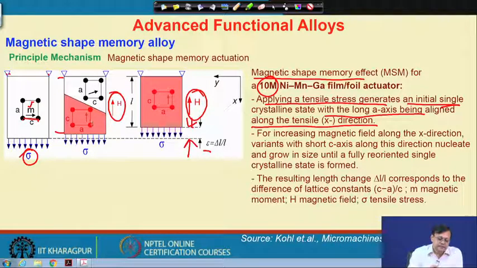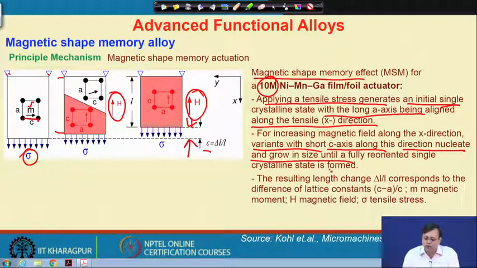So, the A axes are aligned along the x direction, and on application of field, for increasing magnetic field along the x direction, the variants with the shorter C axis in this direction nucleate and grow in size, and a fully reoriented single crystalline state is formed.